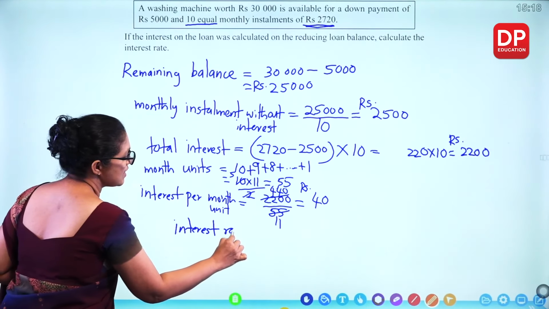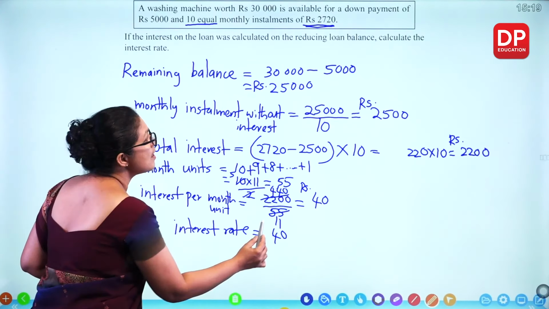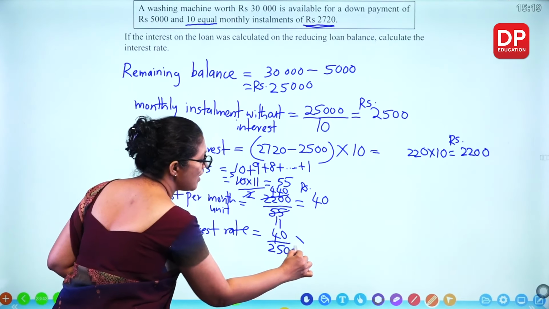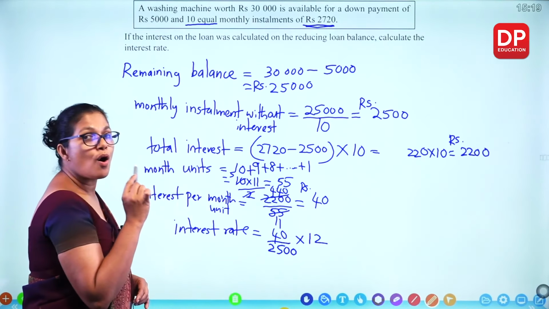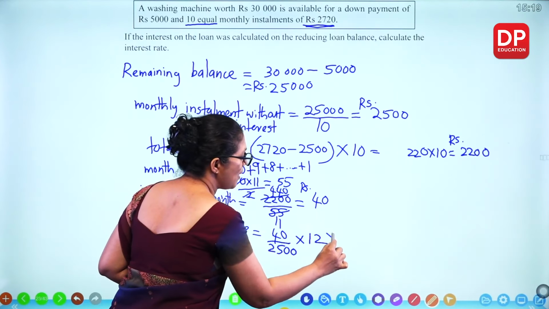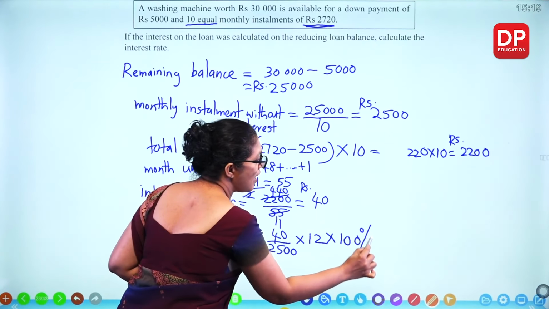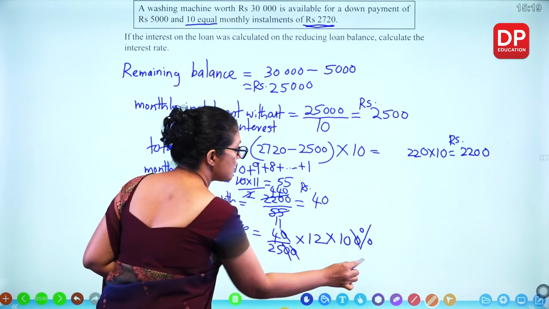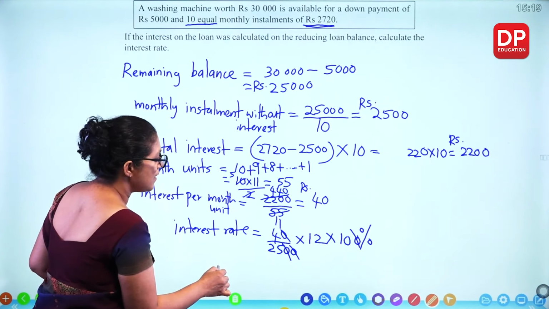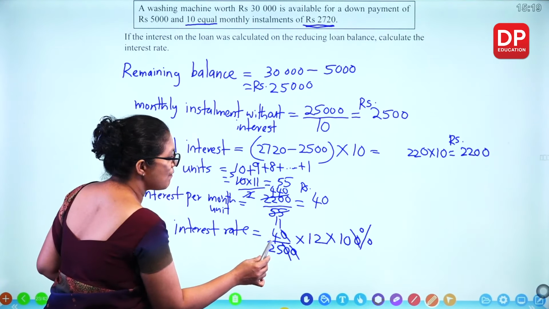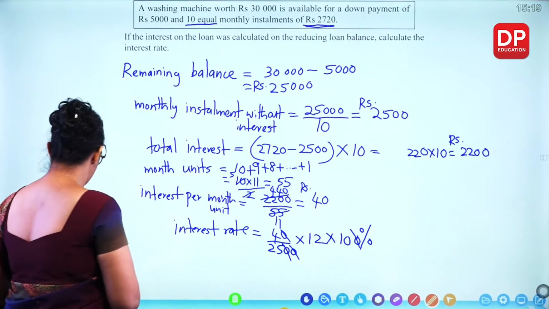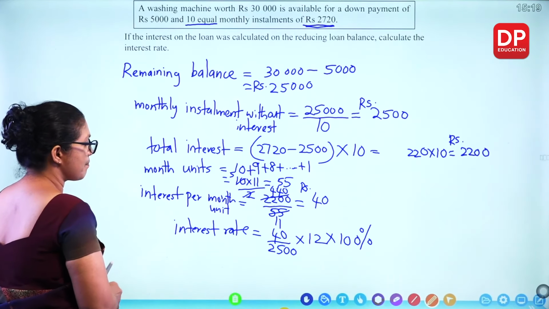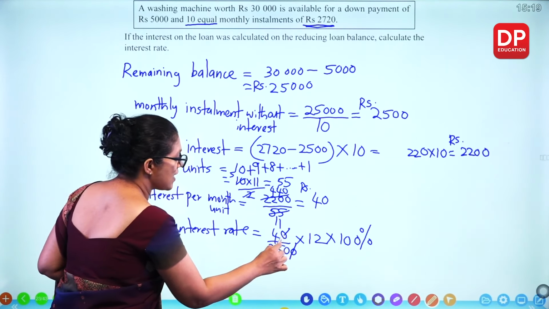Interest rate is 40 rupees for 2,500, and we need the annual rate. So multiply by 12 and multiply by 100%. One 0 gets cancelled out. This 0 gets cancelled out. Then here it's easy if I calculate without zeros. Here one 0 gets cancelled out with this one.